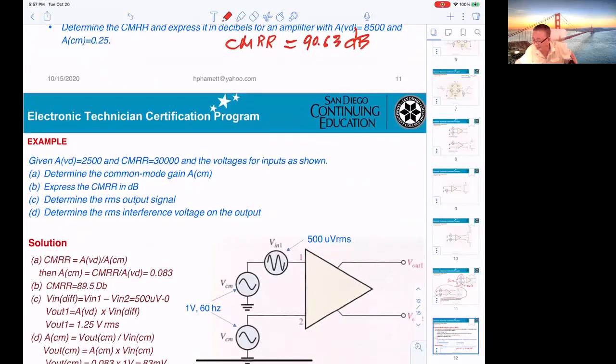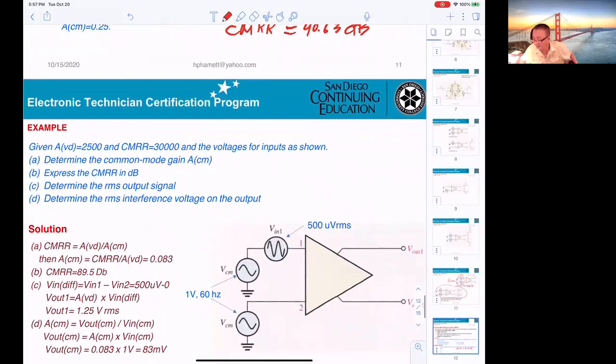Now, on that one, you can see the input will be applied to input one, 500 microvolt RMS. What is the 1 volt 60 hertz CM?